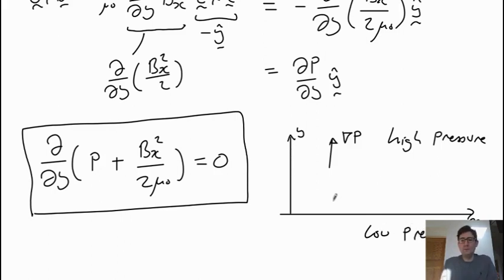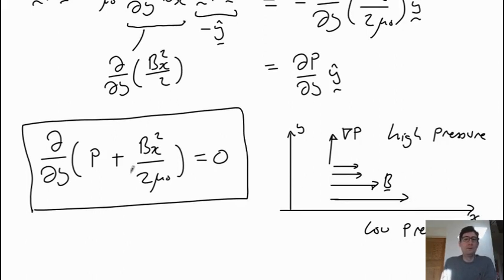Then the magnetic field is going in the x direction, B is this way, and this says that if P is increasing up the page, then B must be decreasing up the page. So we have a strong magnetic field on the bottom and a weak magnetic field on the top.